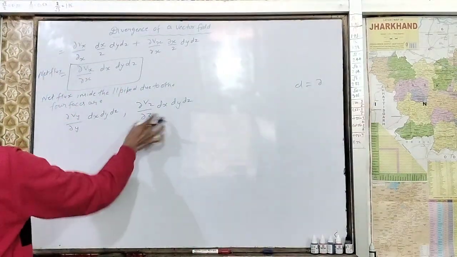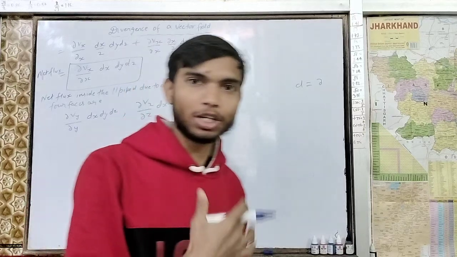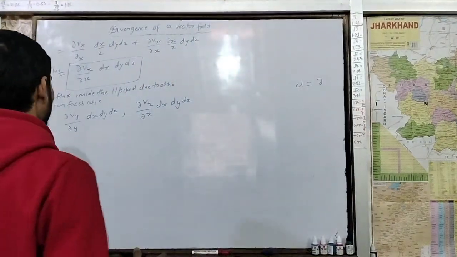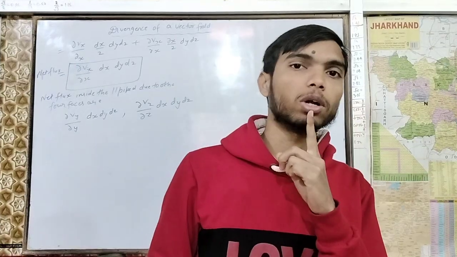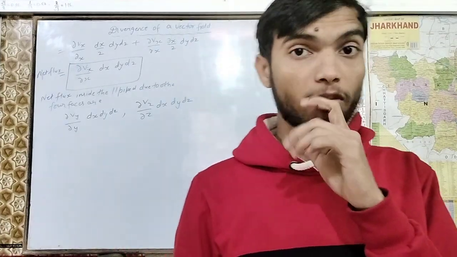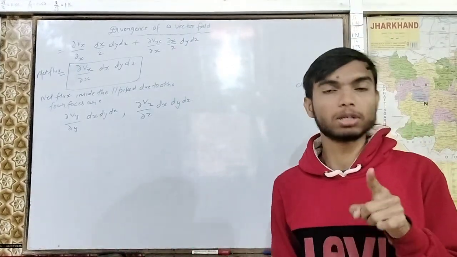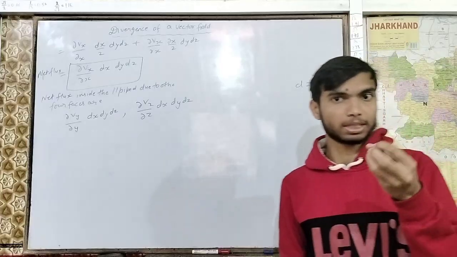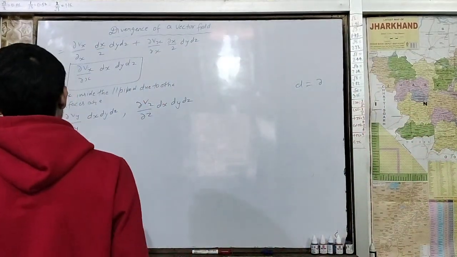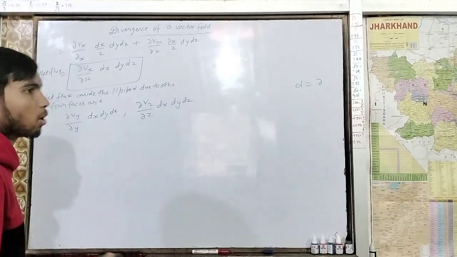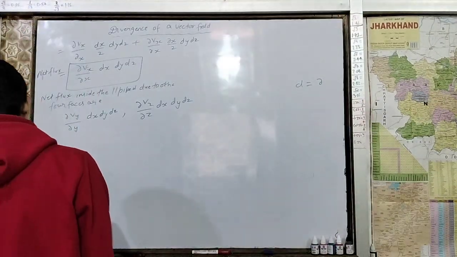Take this and this, add all three, and you will get the total flux, which is the amount of fluid present inside the parallelepiped. Flux means amount of fluid in this context.